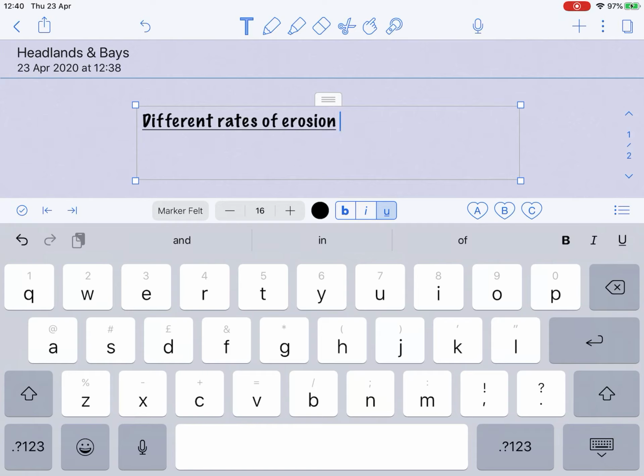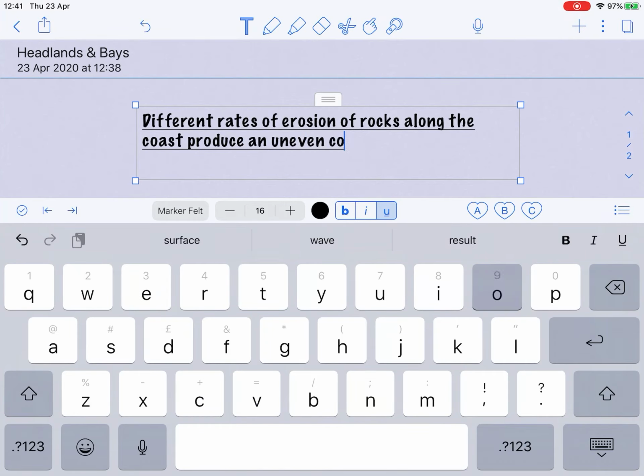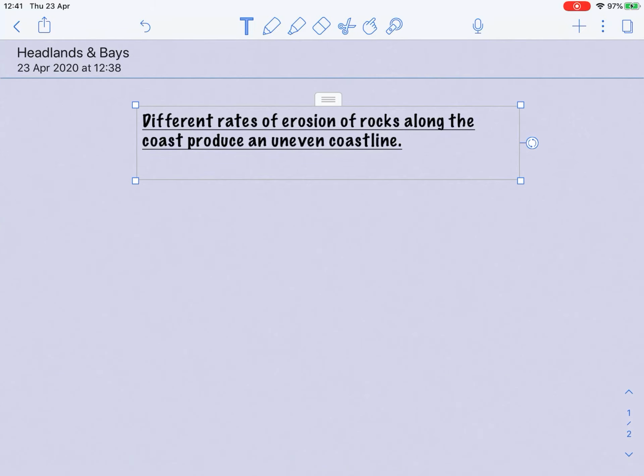Different rates of erosion of rocks along the coast produce an uneven coastline. So this is the basic idea associated with headlands and bays. So our diagram is going to help us to understand this.